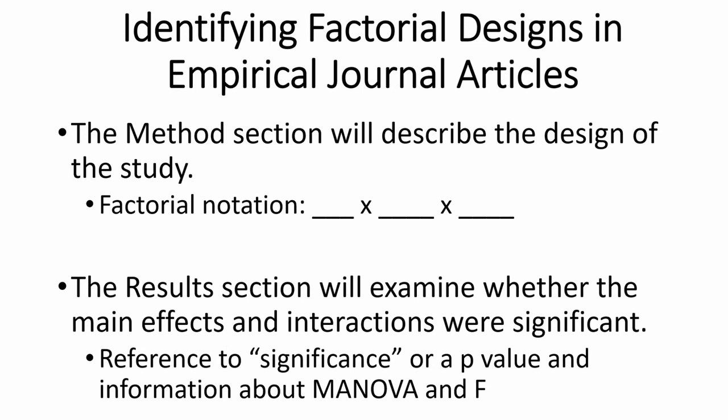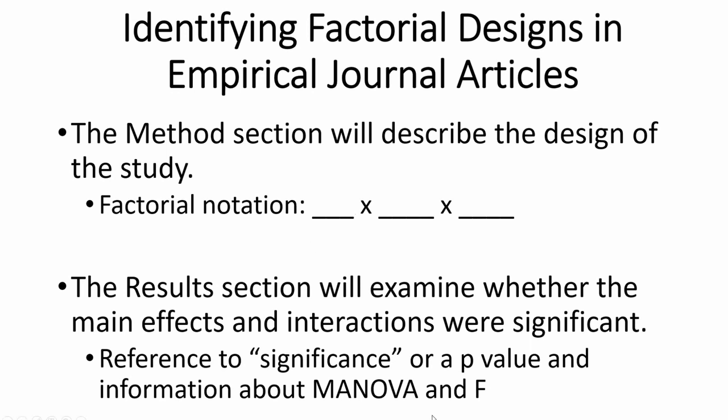They should specify if it is a two-way, three-way, or more-way interaction. They're still going to talk about significance or a p-value, and you'll usually see some kind of MANOVA, a multivariate ANOVA, the specific statistical calculation you would do in this situation.